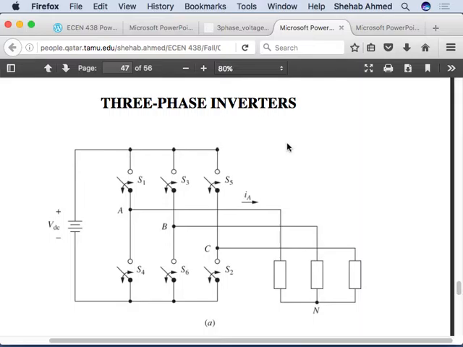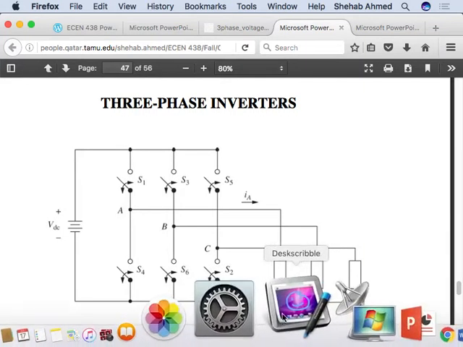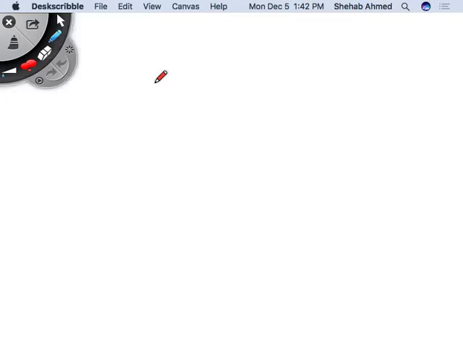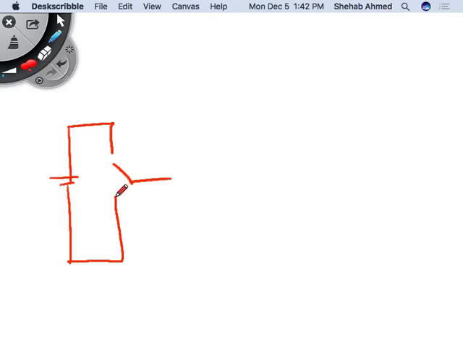Everything we talked about, of course, was mainly the single-phase half bridge and full bridge inverter, but you can easily extrapolate that to three phase. The discussion is very similar, from the same perspective of what I like to draw here as the single pole double throw representation of a switch.